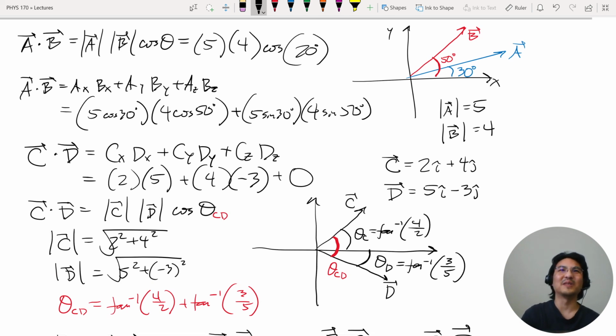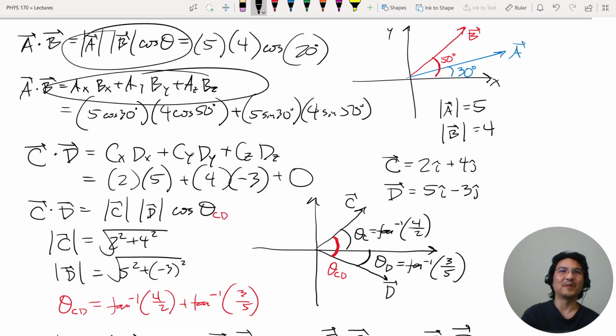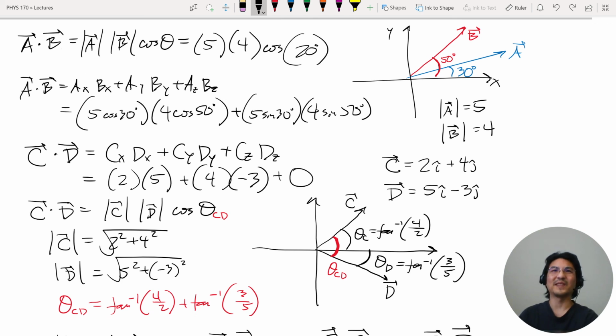Like you want to use this definition or this definition. And just for practice, I would try both, just so you kind of know what you prefer.